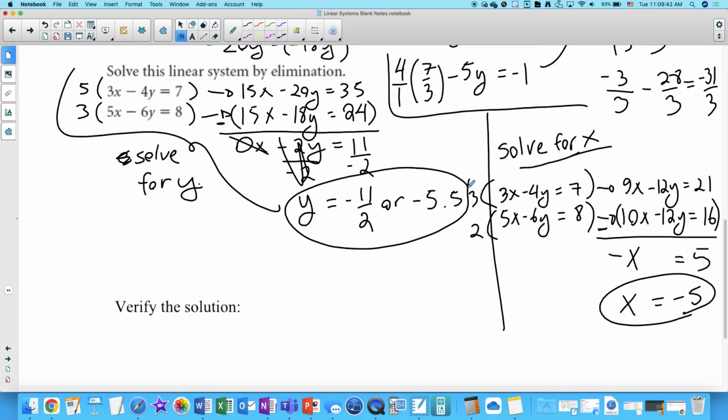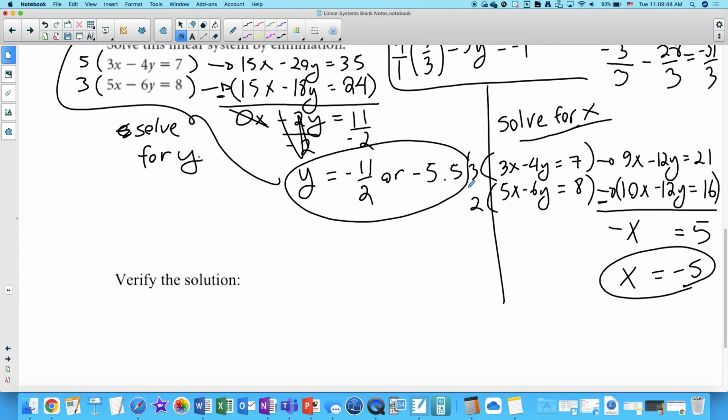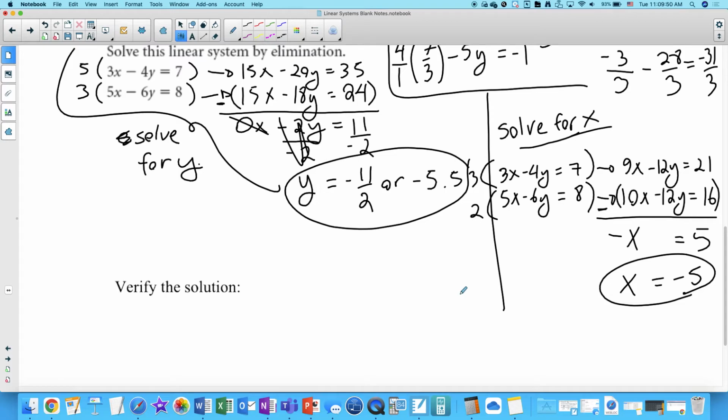Okay, now to verify, I am going to sub these values into the original equations, because if you are doing elimination and you have to multiply your equations by a constant, then if you made a mistake in that step and you verify in those equations that you altered, like these two over here or these two up here, you won't pick up on that mistake.